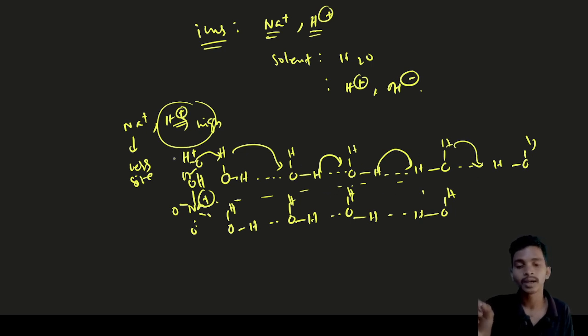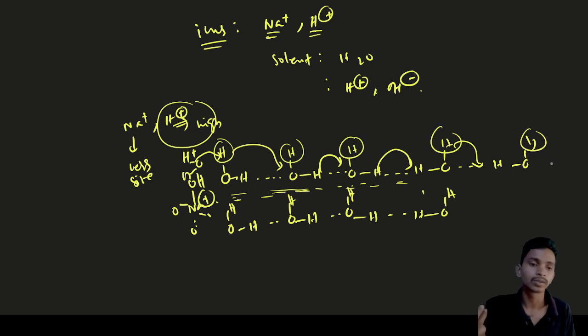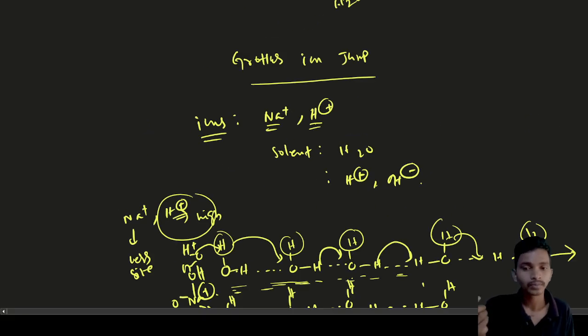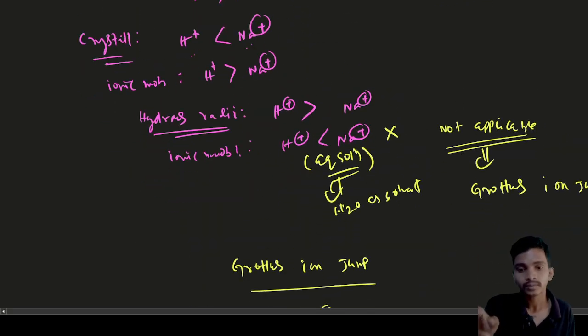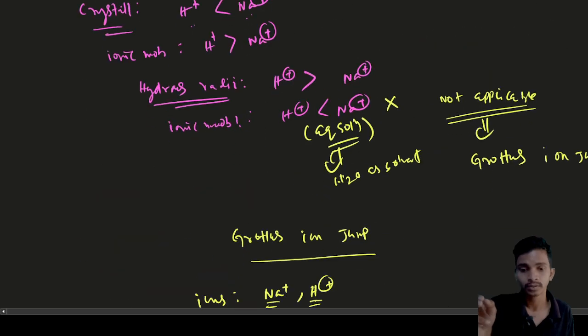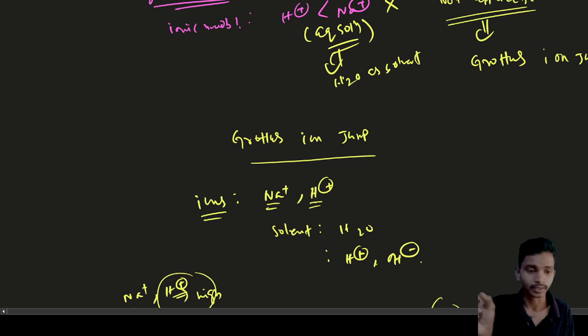So only jumping happens for water molecules, while Na plus has to move through. Just H plus will jump. So although its size is high, its ionic mobility will be more than other ions. This concept is not applied if the same ion is present in the solvent.